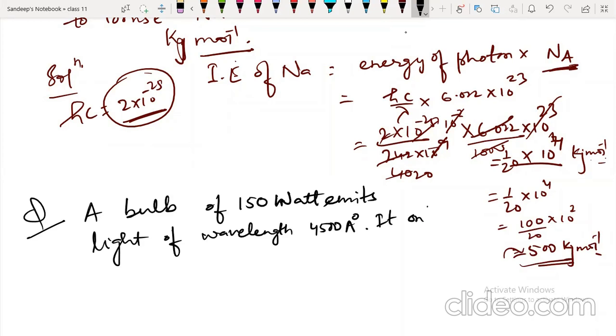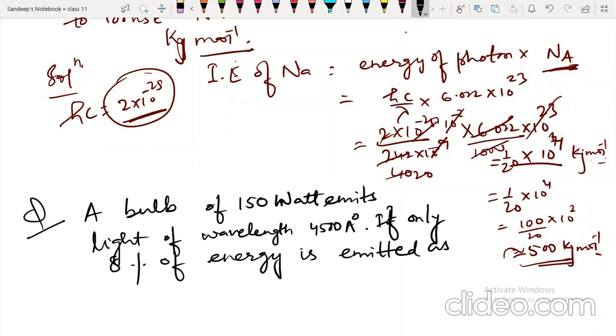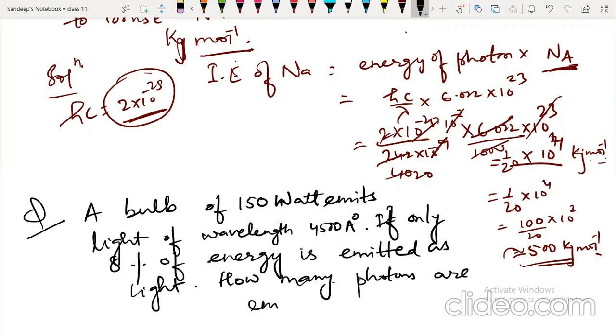If only 8% of energy is emitted as light. How many photons are emitted by the bulb per second.